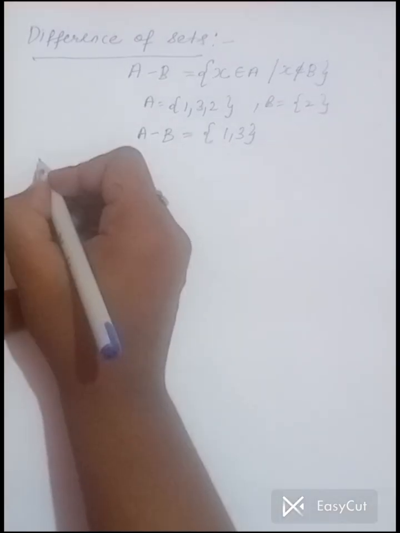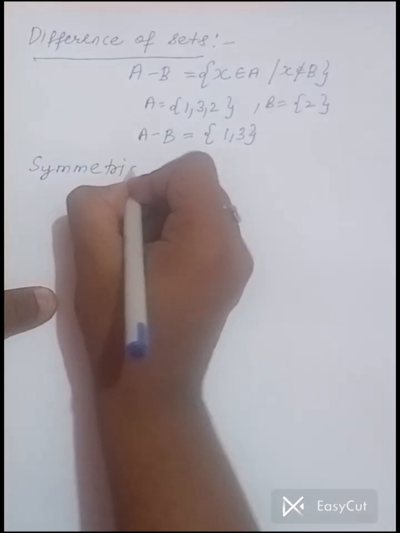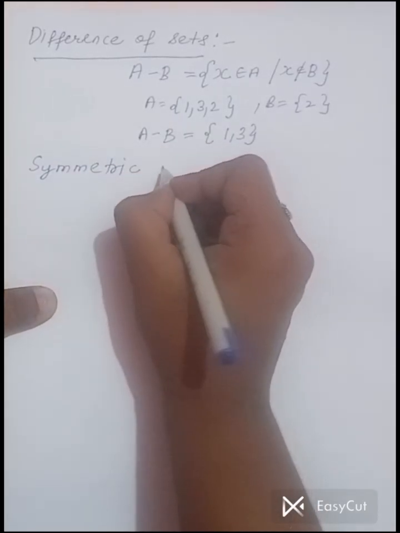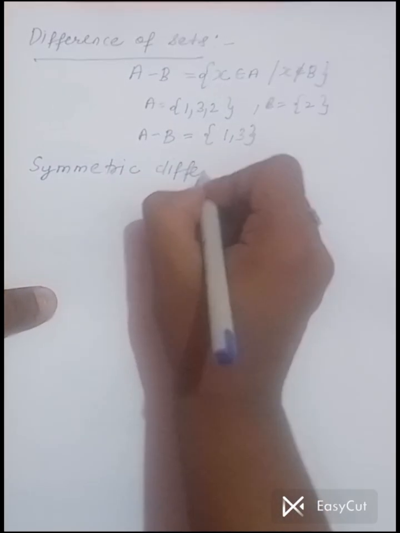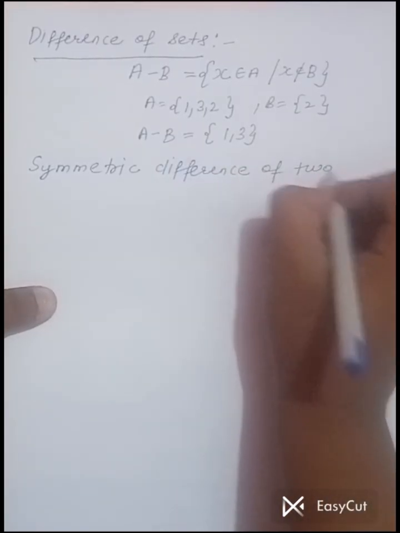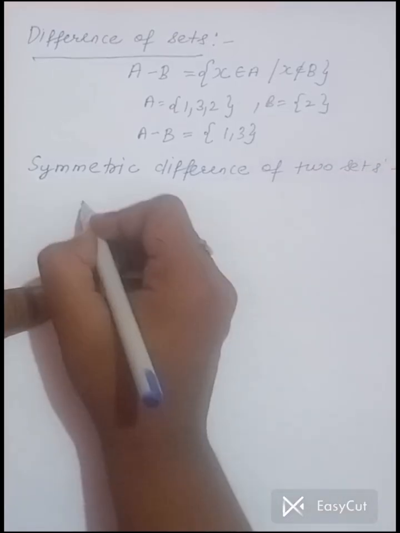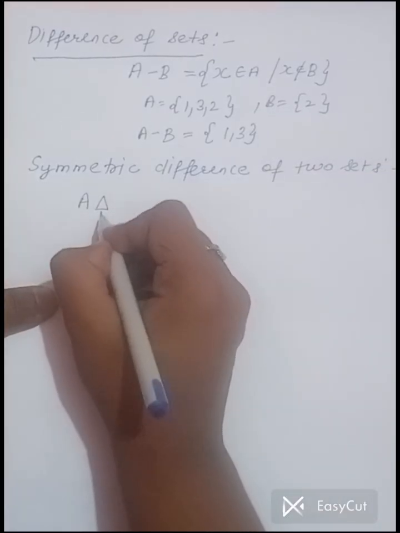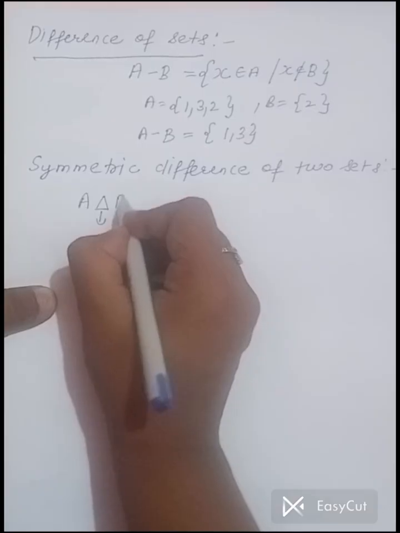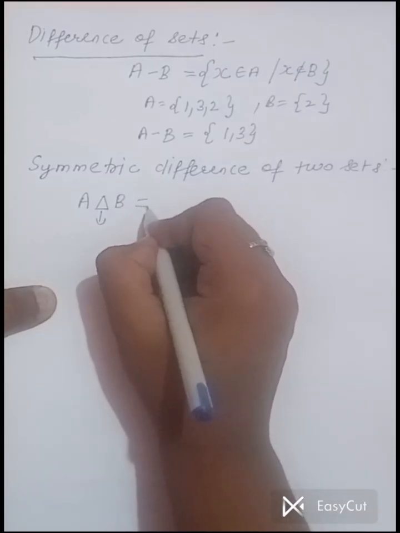So the next one is the symmetric difference of two sets. We define it as A delta B. And what is this equal to?